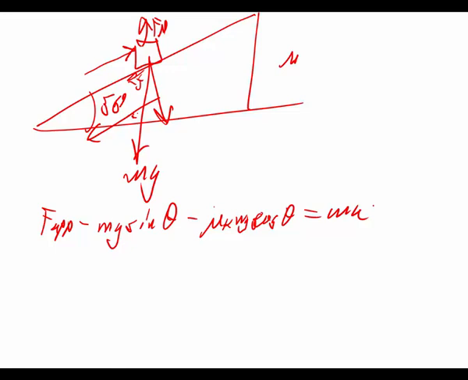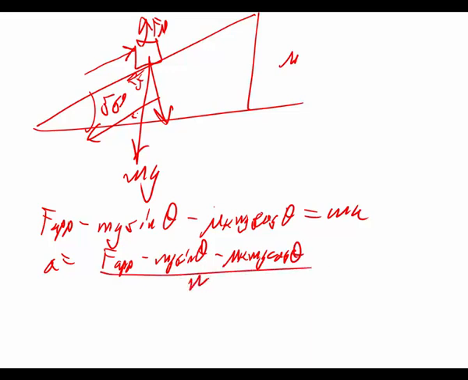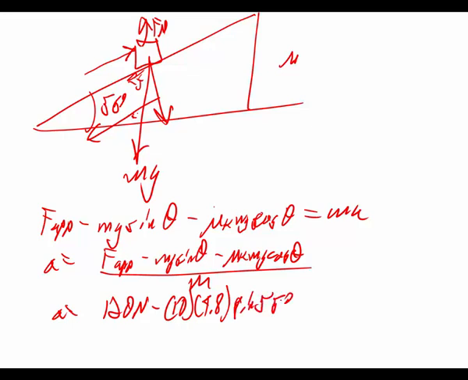Okay? And so A is equal to all divided by m. So we got 120 minus 10 times 9.8 times sine of 55.